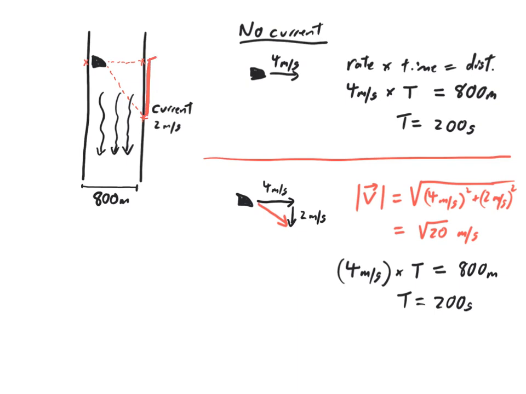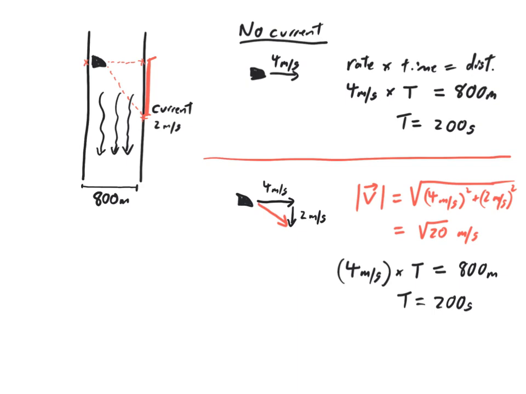So to figure that out, we can do the following. We can say, well, we know that it takes 200 seconds for the boat to traverse the river. But during this 200 seconds travel time, it's traveling southward at 2 meters a second.